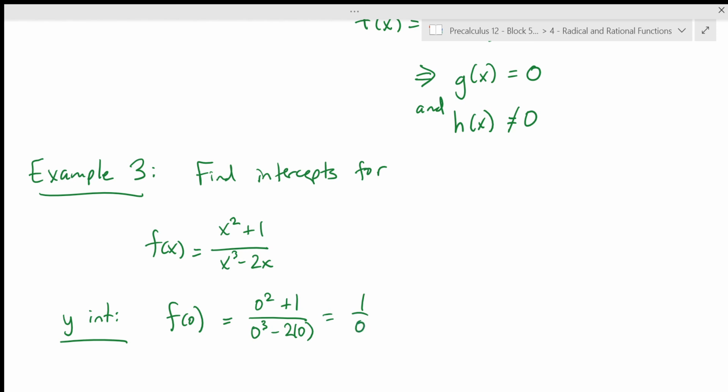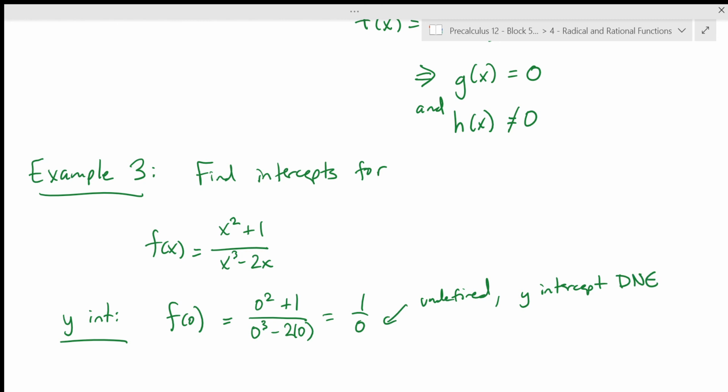Uh-oh, I thought the y-intercept had to exist when I plugged in 0. Well, not with a rational function. So rational functions don't always have y-intercepts. In this case, we get something that's undefined, so our y-intercept doesn't exist.